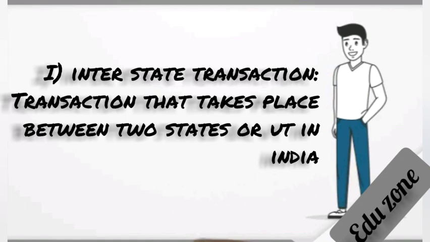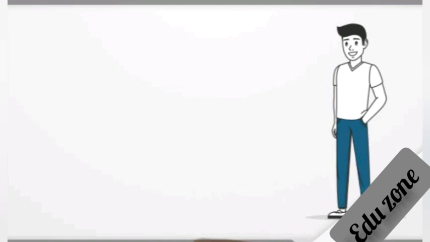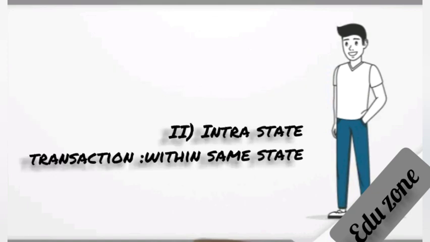First, interstate transaction. As its name suggests, this transaction takes place between 2 states within India. For example, from Delhi to Kanpur, or from UP to Jharkhand. And then there is intrastate transaction, which takes place only within one state of India.